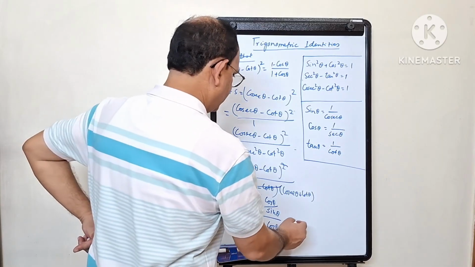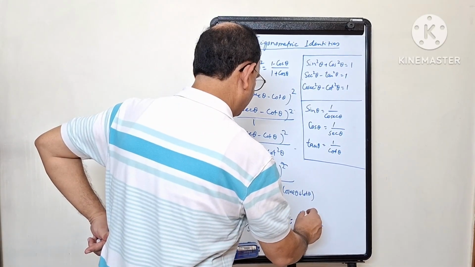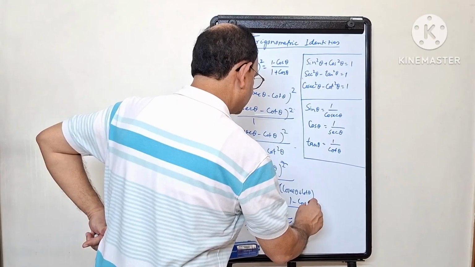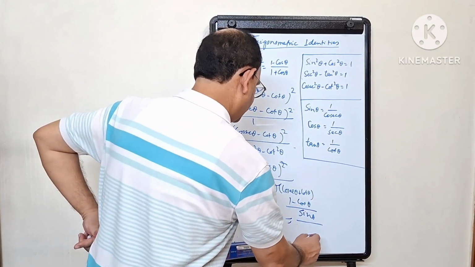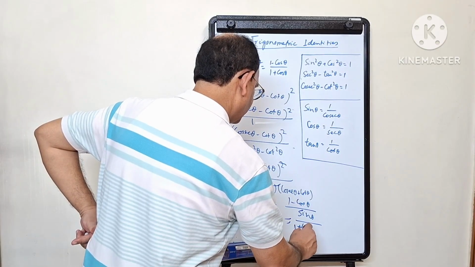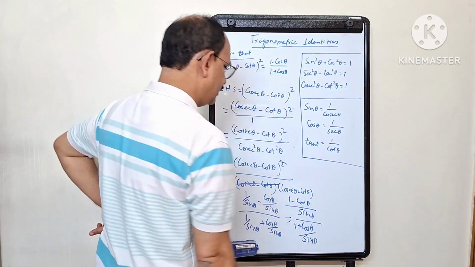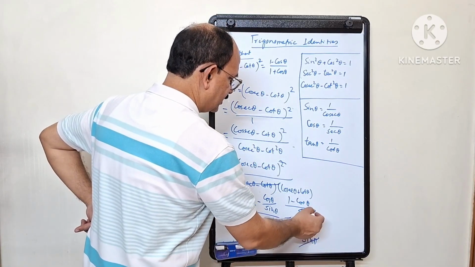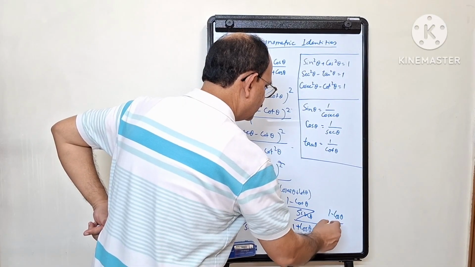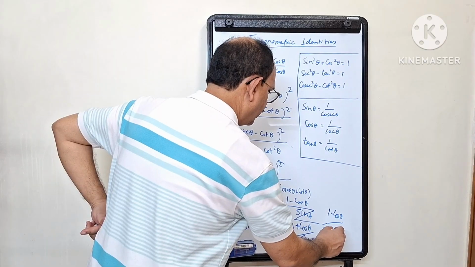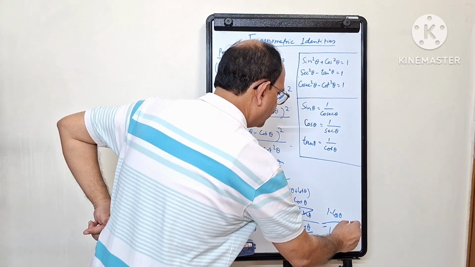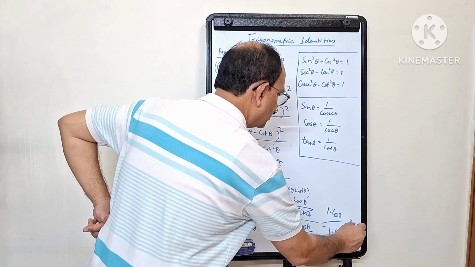If I just take the LCM, then it will be sin theta and this will be 1 minus cos theta. And here again I take LCM in the denominator and this will be equal to 1 plus cos theta. Now sin theta and sin theta will get cancelled and therefore we reach 1 minus cos theta divided by 1 plus cos theta, which was the RHS to be proved.